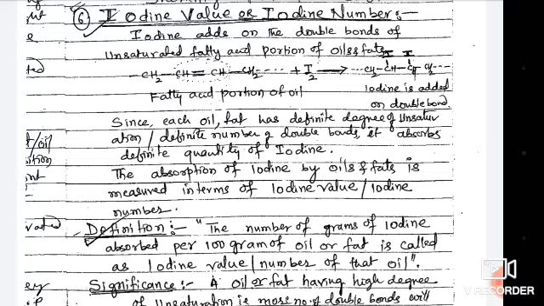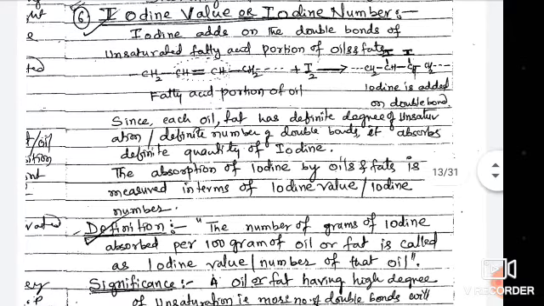In the reaction given, CH2 CH double bond CH2, this is the unsaturated portion of the oil or fat, CH double bond CH. If we add an I2 molecule, this iodine gets added across the double bond and we get the saturated molecule, that is CH2 CHI and CH2. So iodine is added across the double bond.